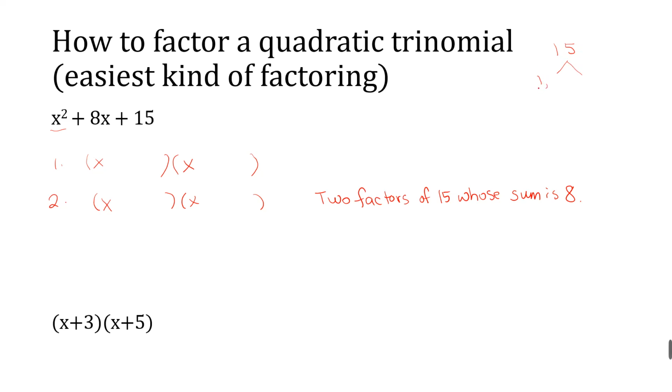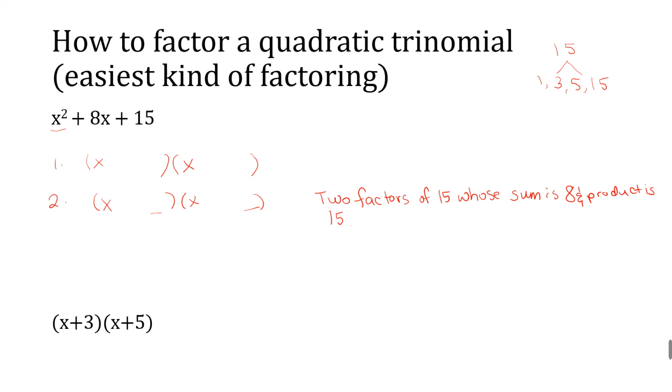That would be 1, 3, 5, and 15. Those are all the factors of 15. So we need 2 factors of 15 whose sum is 8 and the product is 15, because you want to put those 2 numbers in the second slots, and then if we were to FOIL this back out to check our answer, we should get x squared plus 8x plus 15.